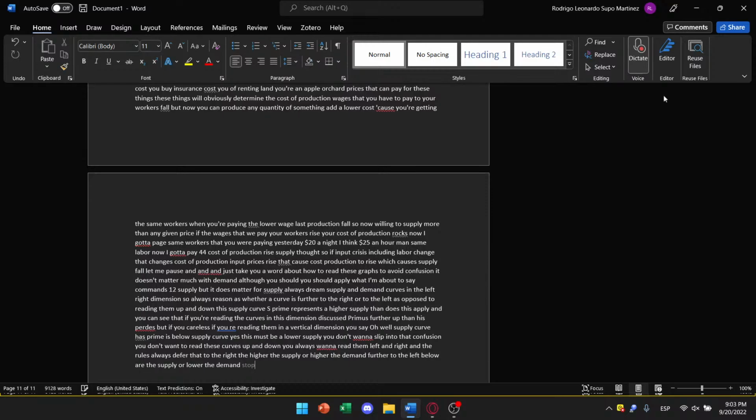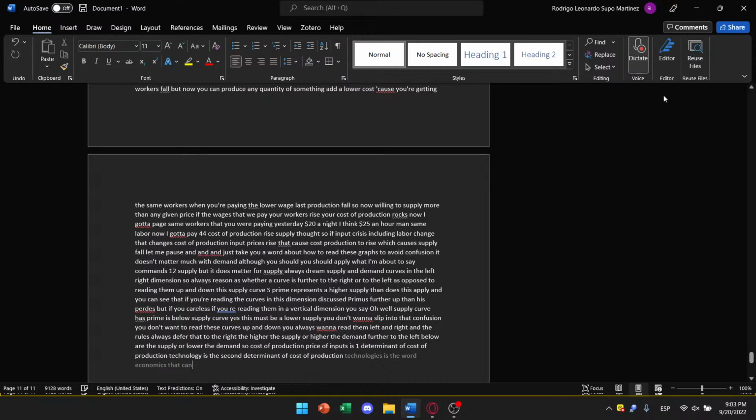So the price of inputs is one determinant of cost of production. Technology is a second determinant of cost of production. Technology is the word, at least in economics, that we use for the knowledge that we have about how to transform inputs into outputs.